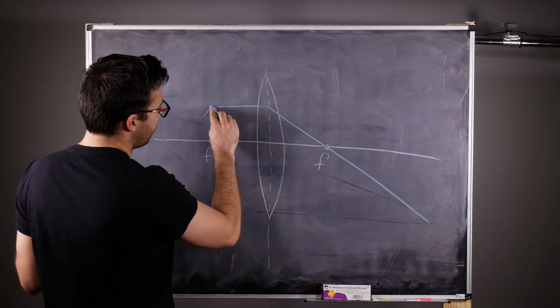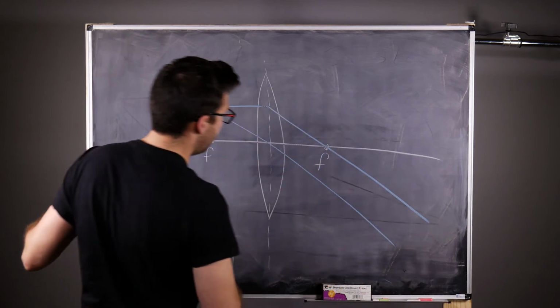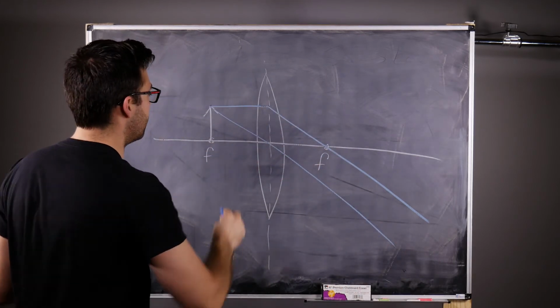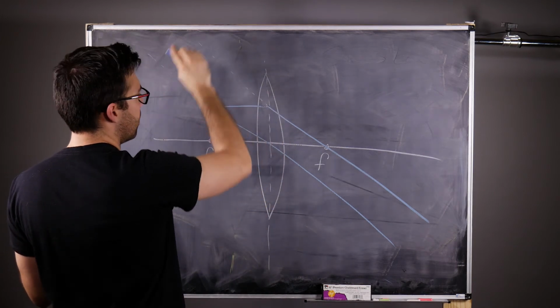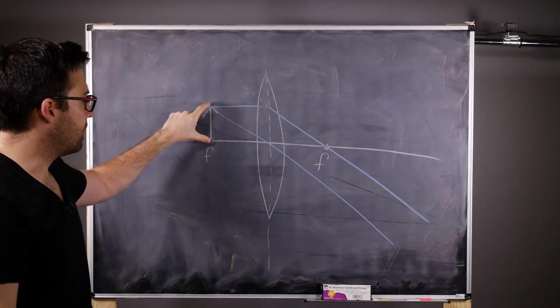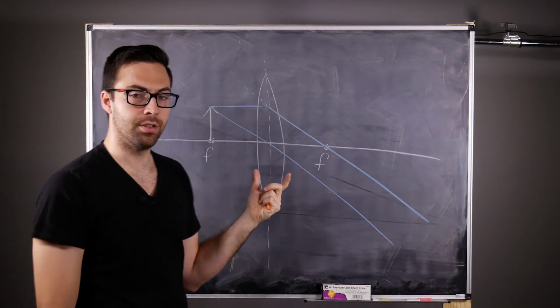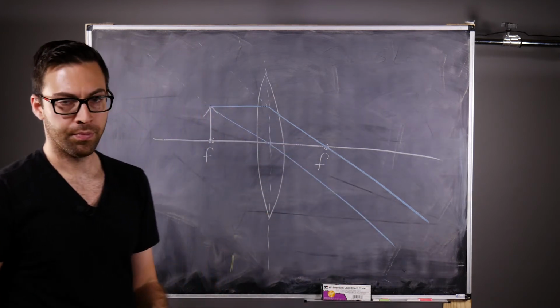But we can use our other ray that goes through the middle of the lens. And if I drew this well enough, we notice that even if you extend these rays backwards like this, they're basically parallel, right? So an object that is here at the focal length is not going to produce an image because these don't converge to any point.